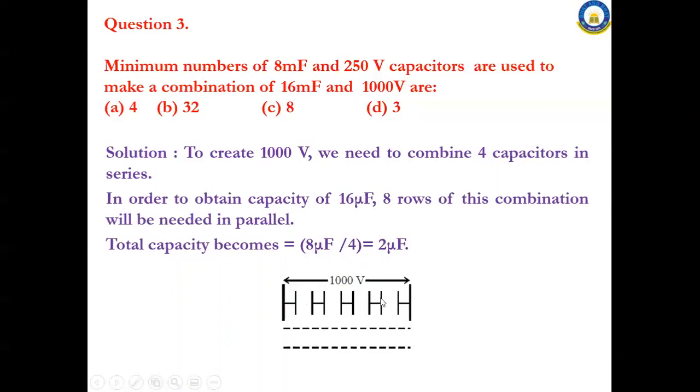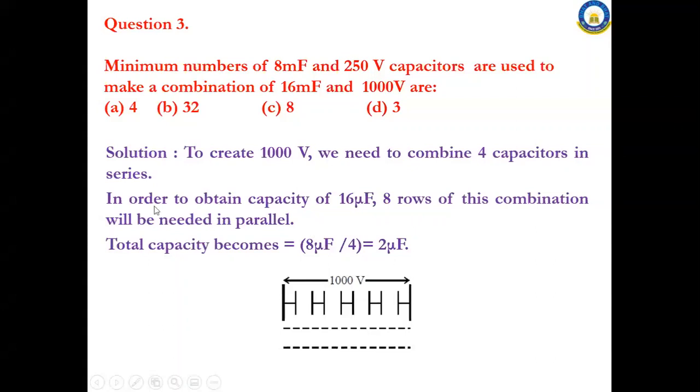That means each line containing 4 capacitors will sum up to 2 microfarad. So one row of 4 capacitors gives 2 microfarad. Now, how many such rows do we need to get 16 micro?